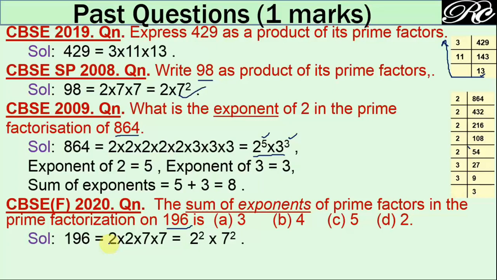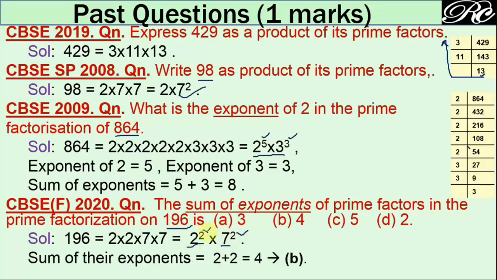It is 2 into 2 into 7 into 7, meaning 2 square into 7 square. The exponent of 2 is 2, the exponent of 7 is also 2. Therefore, the sum of the exponents will be this 2 plus this 2, ultimately 4. So option B is correct. This is how the question is framed.